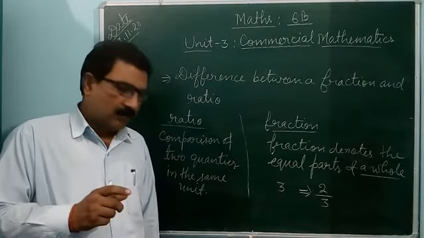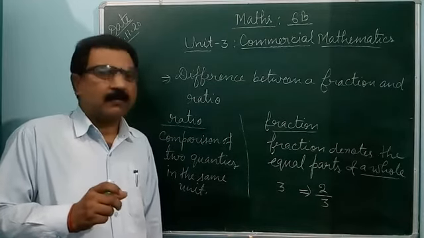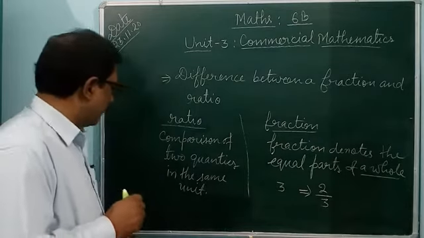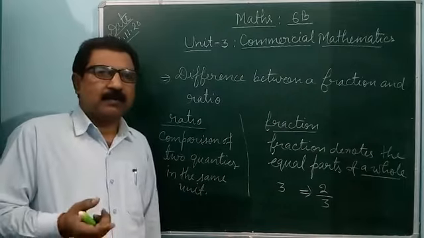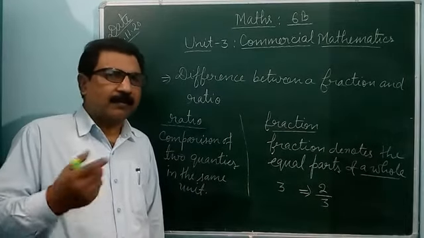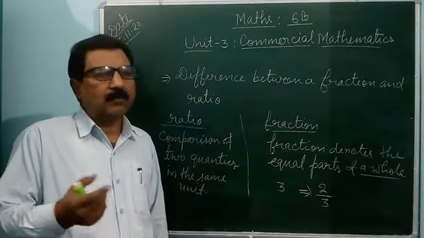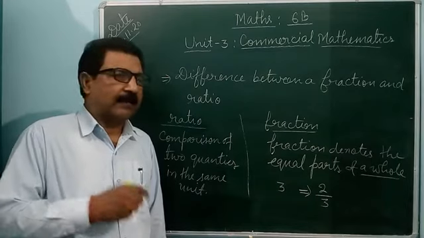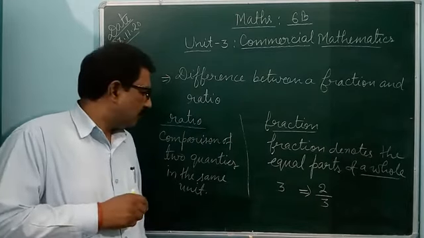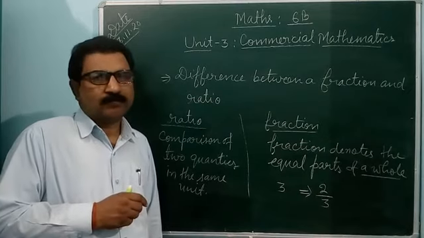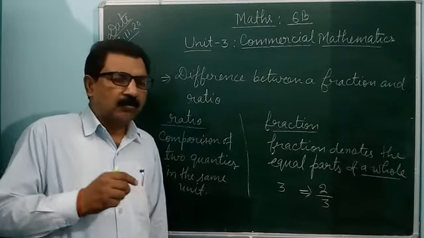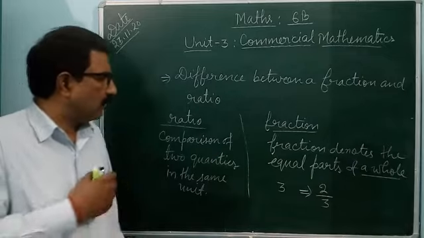If a person is drinking water 30 ml, 50 ml, 250 ml, so in this way ml is coming. So ml is the unit of the liquid item. In this way we can compare with the unit, but the unit should be the same for ratio.